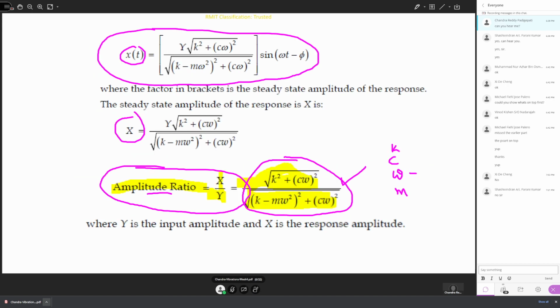We can prove that the amplitude ratio is x over y. It depends on the stiffness constant, the damping constant, the frequency omega of the base movement, and the mass of the system. So this is an important expression when we are dealing with vibration due to movement of the base.